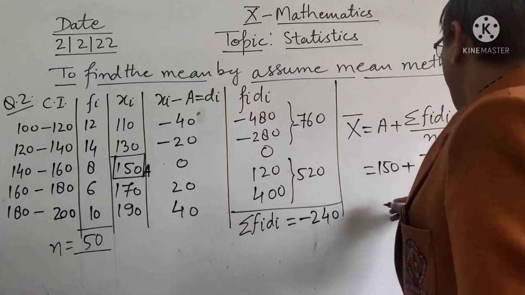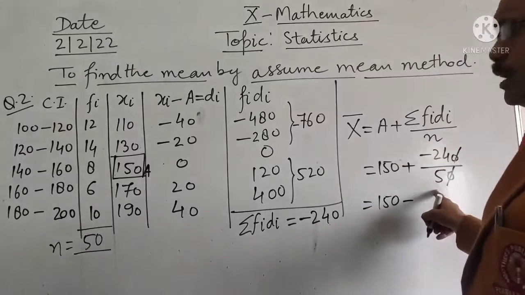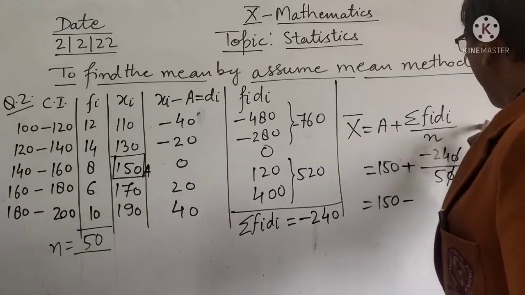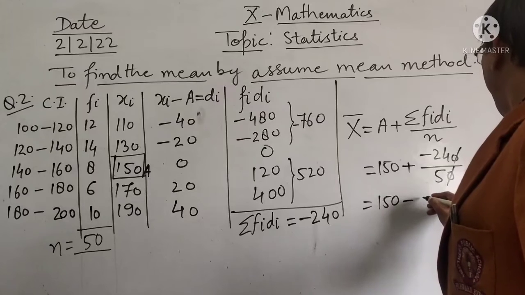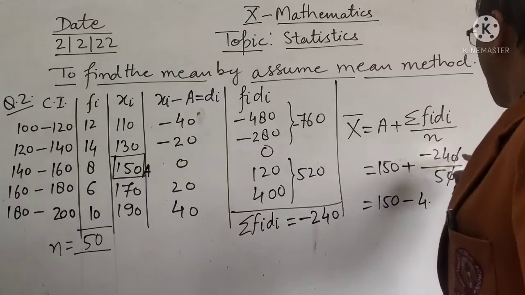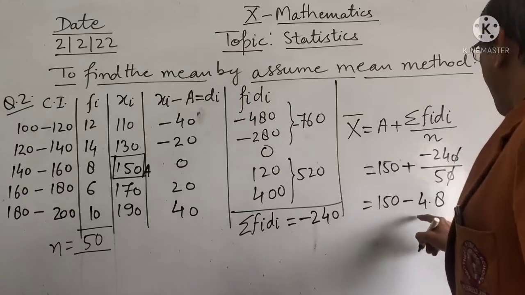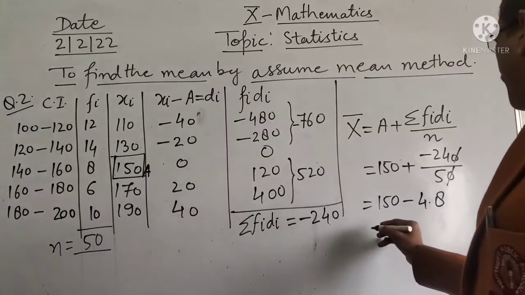Now the zeros cancel. It is 150 minus 5 times 4 is 20, and 5 times 8 is 40. So it is minus 4.8.